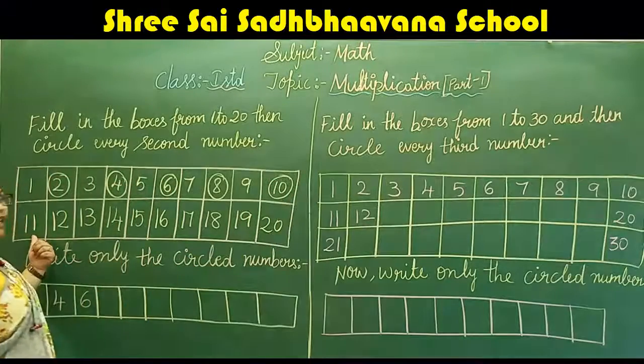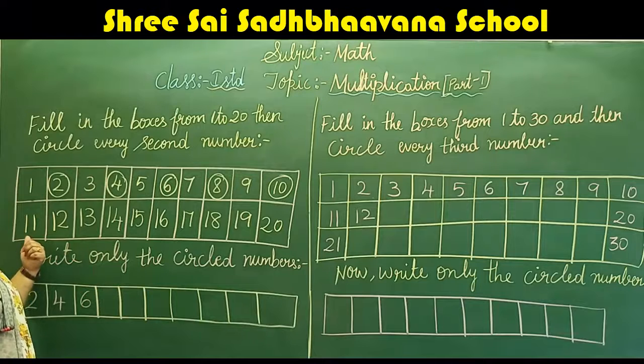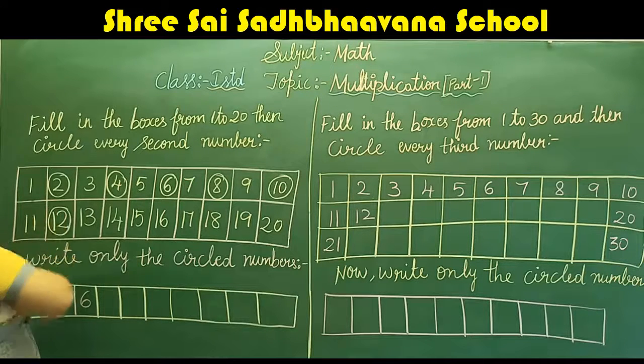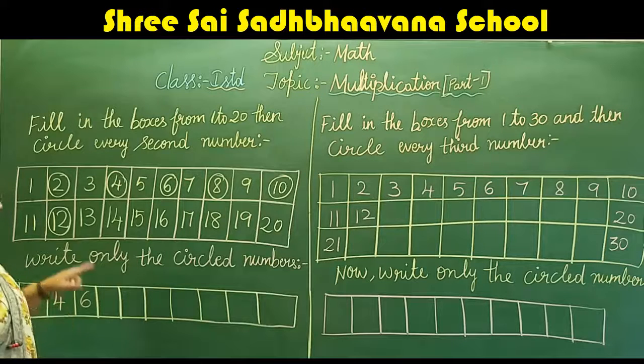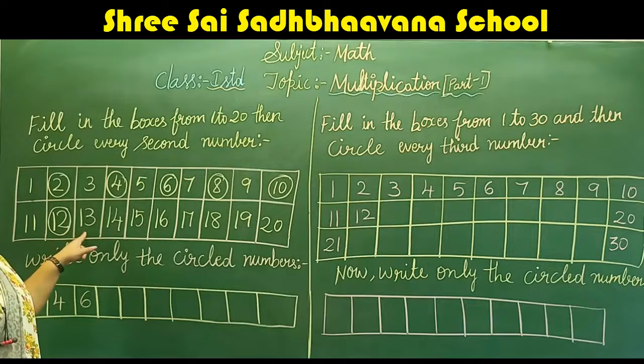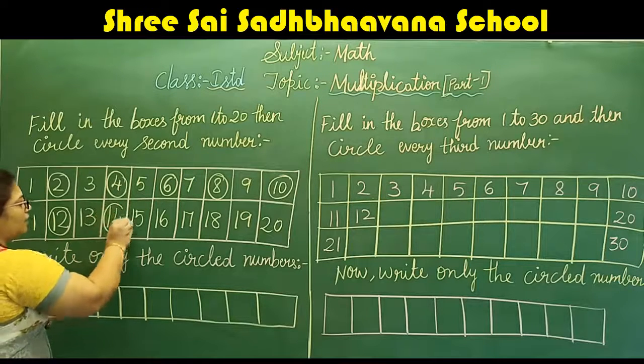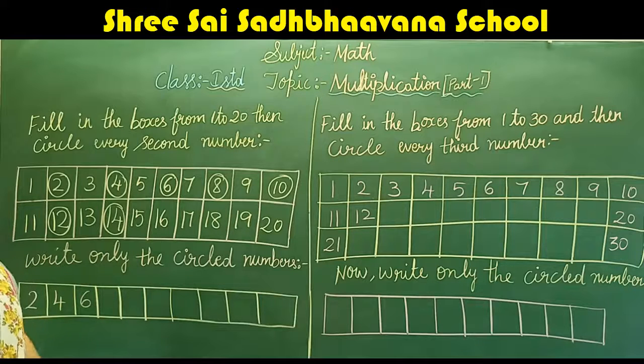Next 11 is there, so we skip 11 and circle 12. Next 13 they have given, so we skip 13 and circle 14.